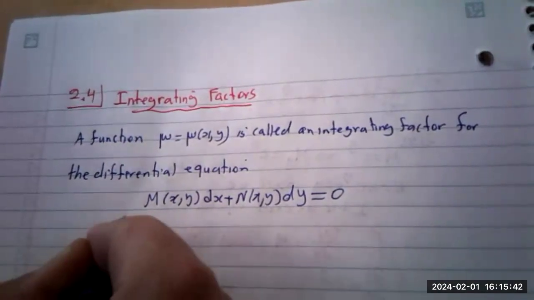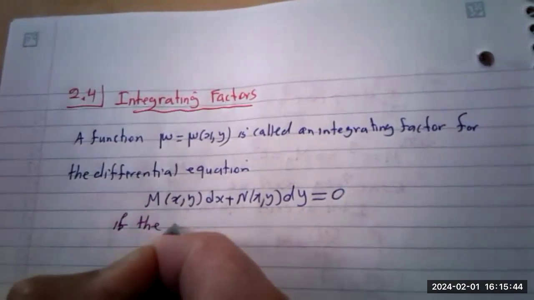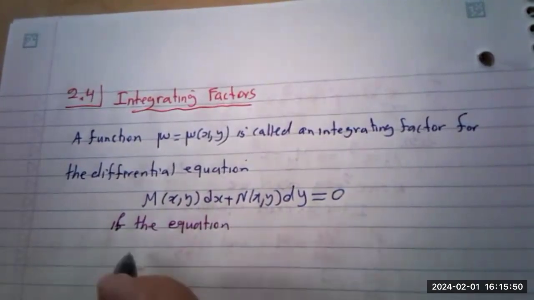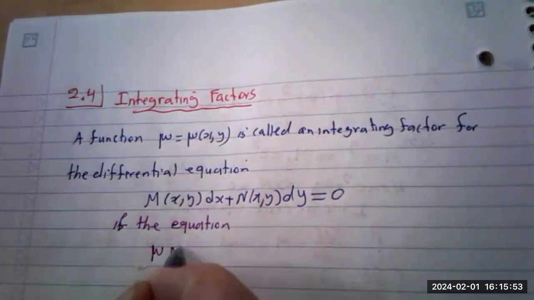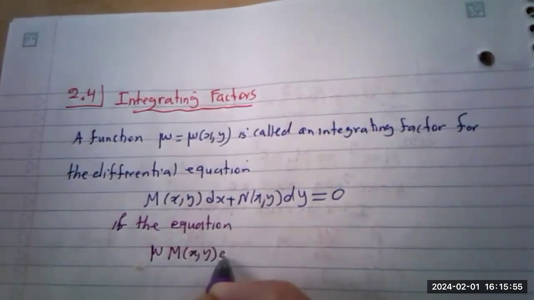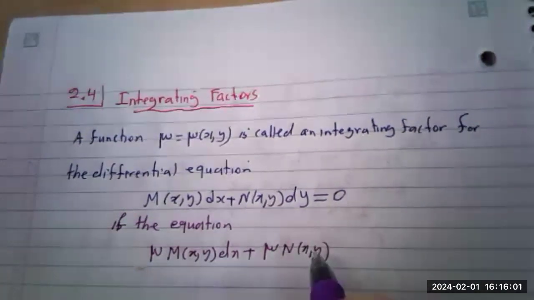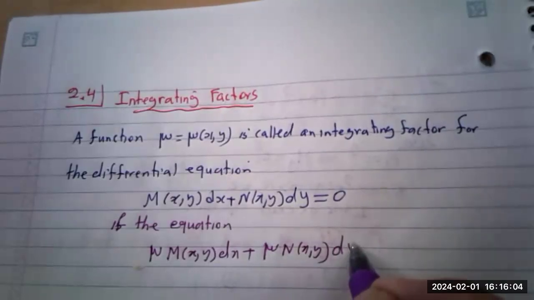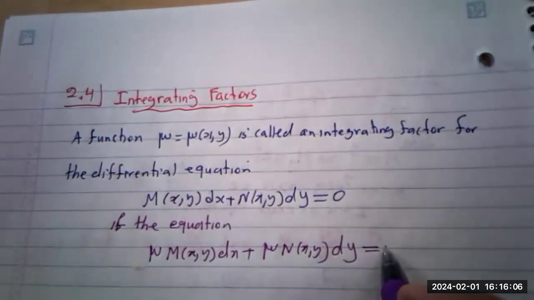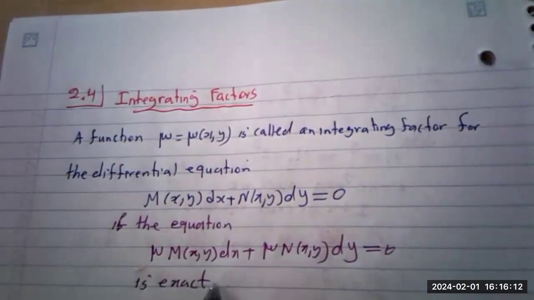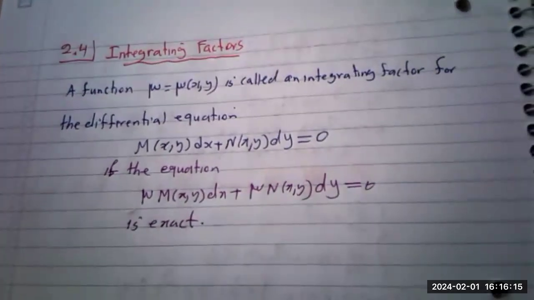So mu times M of x,y dx plus mu times N of x,y dy equal to 0 is exact. So it's called an integrating factor.